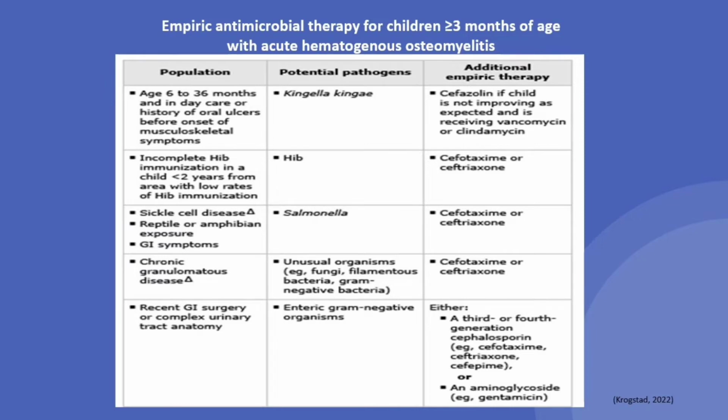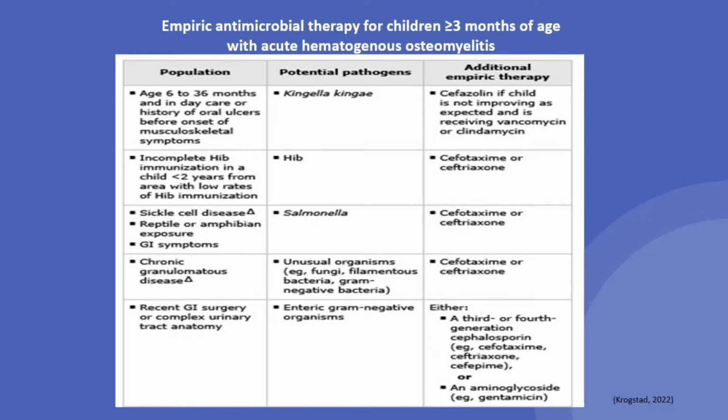Next are those children less than 2 years of age with incomplete Haemophilus influenzae type B vaccination. Next are those people with sickle cell disease, reptile or amphibian exposure, GI symptoms. The potential pathogen for the infection is Salmonella.